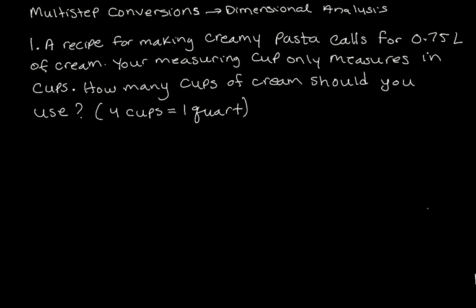So far, we've looked only at one-step conversion units using dimensional analysis, but in most cases we have to use multiple steps to arrive at an answer because we don't have a direct conversion factor from our given unit to our desired unit.